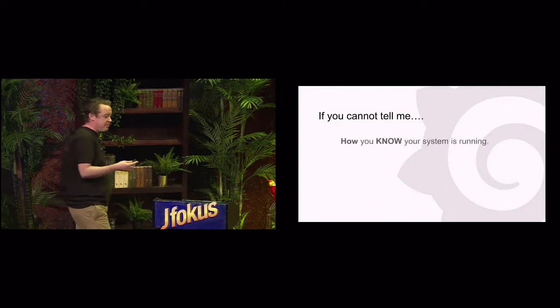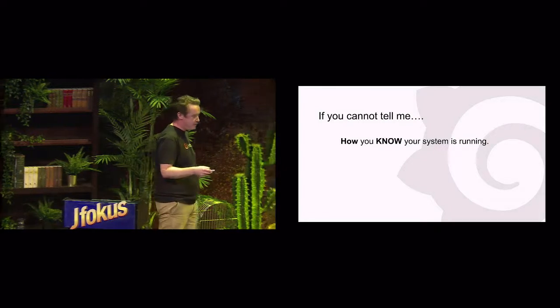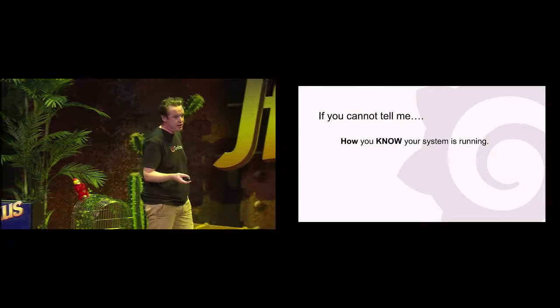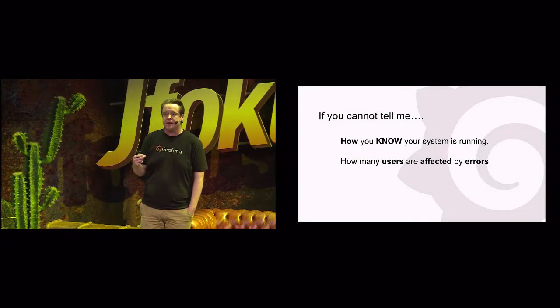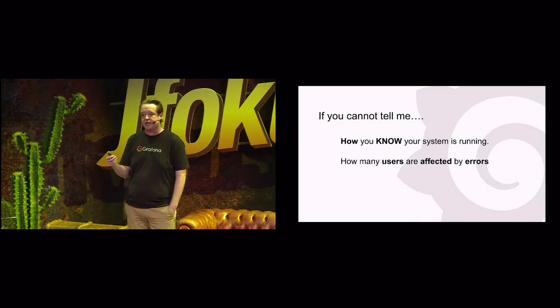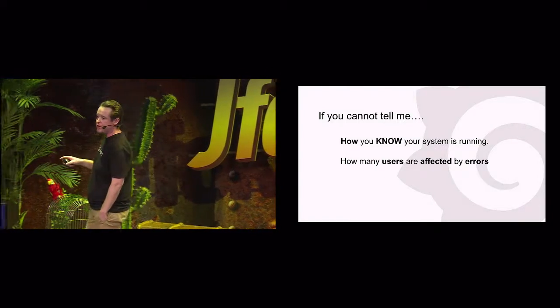And if you cannot tell me how you know your system is running, then I don't think you're a professional software engineer. If you cannot tell me how many users are affected by errors, then I don't think you're a professional software engineer.